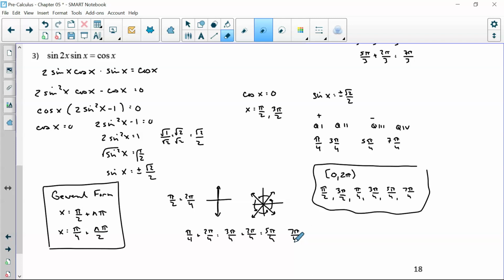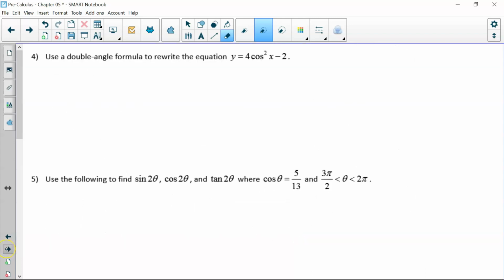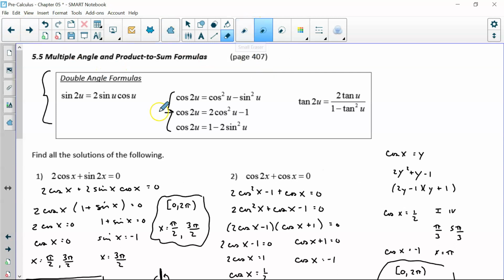Let's go to the next page. Use the double angle formula to rewrite the equation. So 4 cosine squared x minus 2. Looking at this, I can factor out a 2. So it's 2 times 2 cosine squared x minus 1. Now, as I'm looking at that, 2 cosine squared x minus 1 looks like the middle double angle formula.